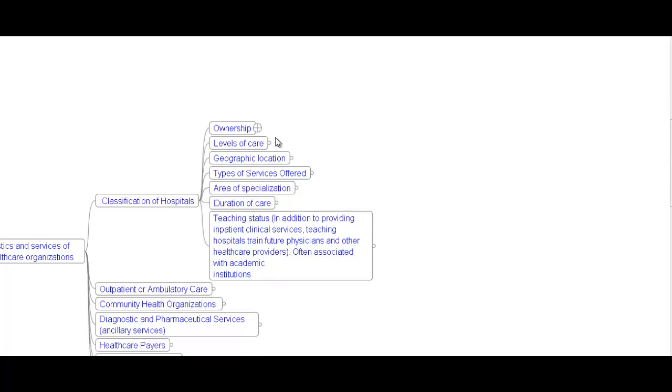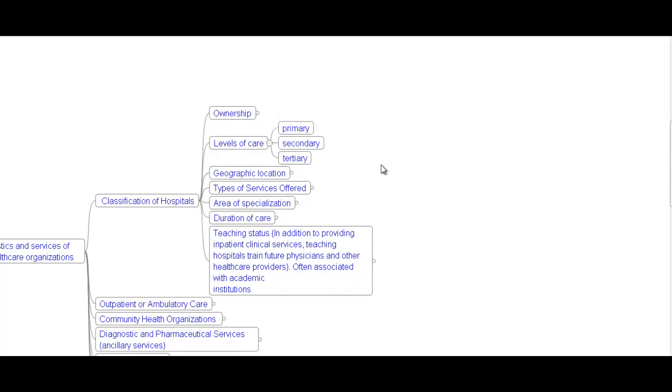A hospital can be classified based on the level of care it provides: primary, secondary and tertiary. Primary care means essential care. Most of us are very familiar with primary care; it is our first and most generalized stop for symptoms and medical concerns. Then secondary care, like a specialist hospital. When your primary care provider refers you to a specialist, you are then in secondary care.